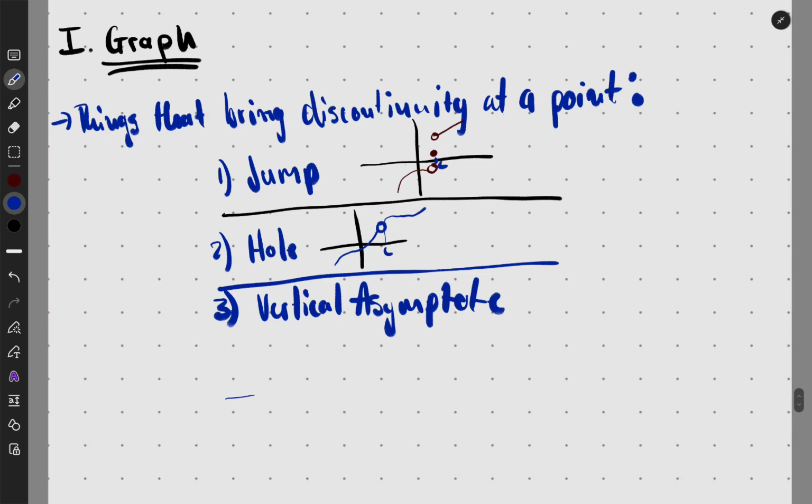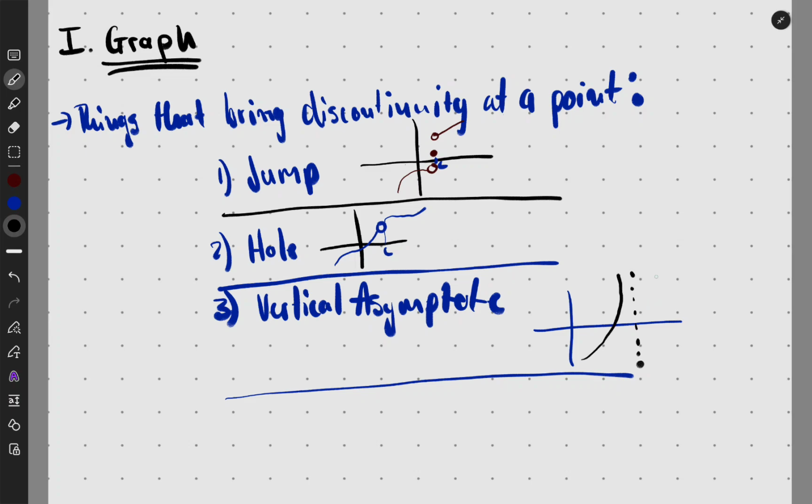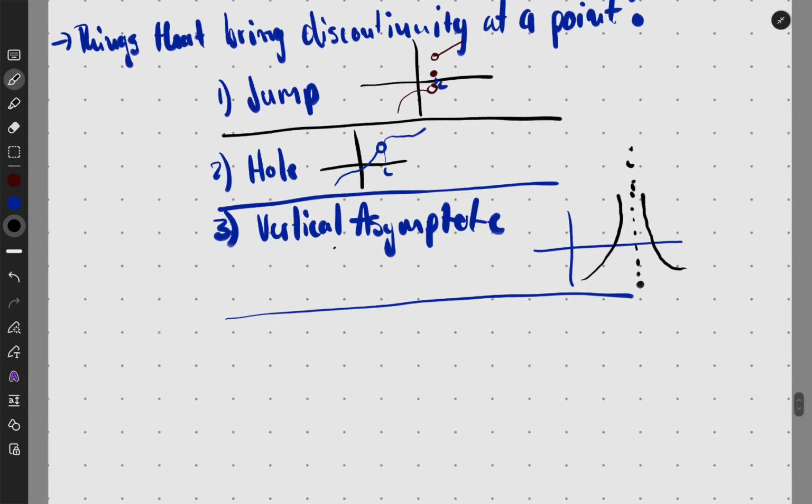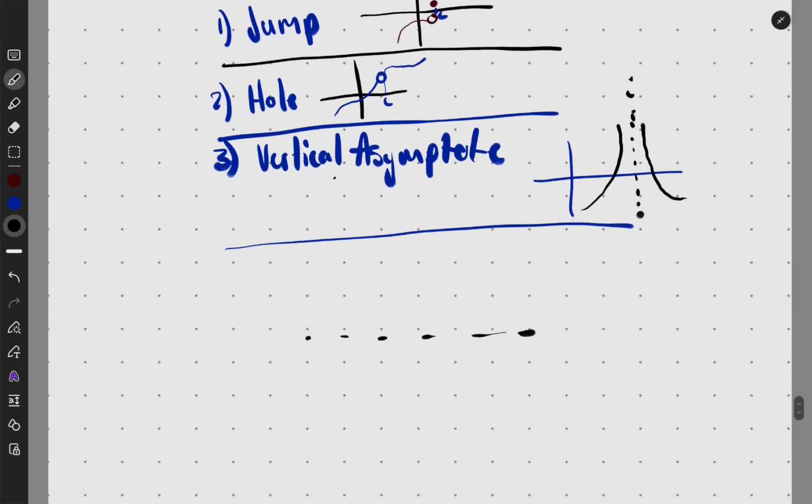Then again, a vertical asymptote is another thing which brings discontinuity. If you have a vertical asymptote, then your function can go like this, and the other one come like that. Even if it comes like this, there's going to be discontinuity because of your vertical asymptote. Remember, a vertical asymptote is a vertical line. Now, if you put a horizontal asymptote, does it cause discontinuity?